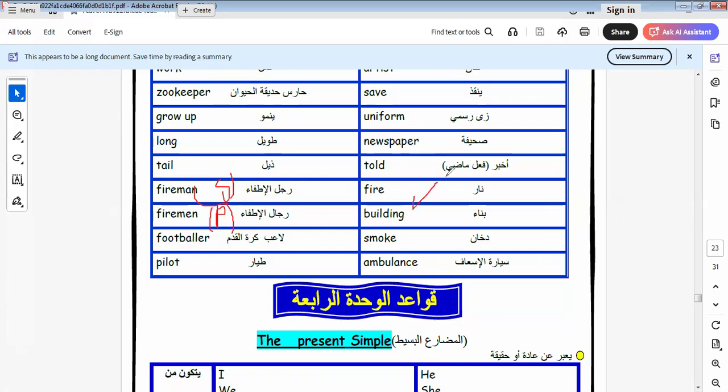Here we have fire, and here we have building, smoke, ambulance. Here is pilot. Here is foot player. We have soccer, also refers to foot player. I will make sure of this spelling.